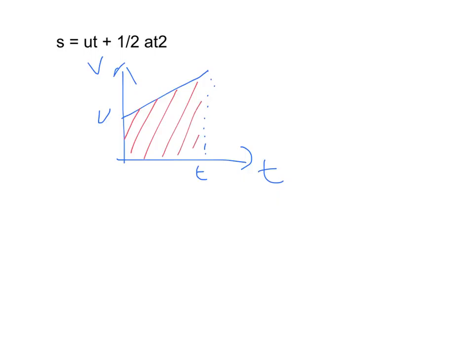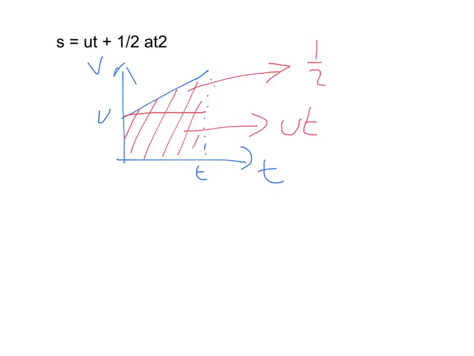Now, we could quite easily pretend that this is a rectangle at the bottom with area ut and a triangle at the top, and the area of the triangle at the top is going to be a half times the height.